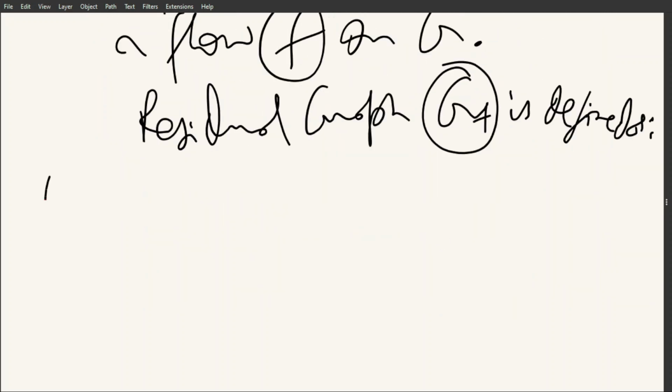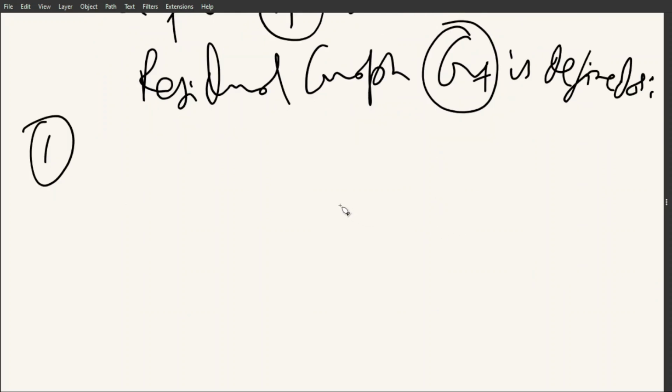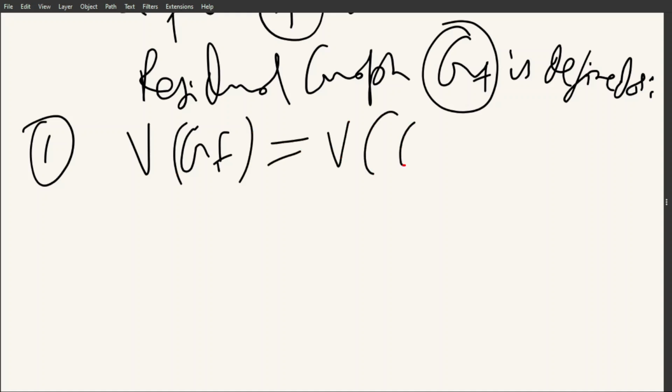The set of nodes is the same: the vertex set of GF is the same as the vertex set of G. There is no change in vertices, only in edges and their weights. There are two types of changes.